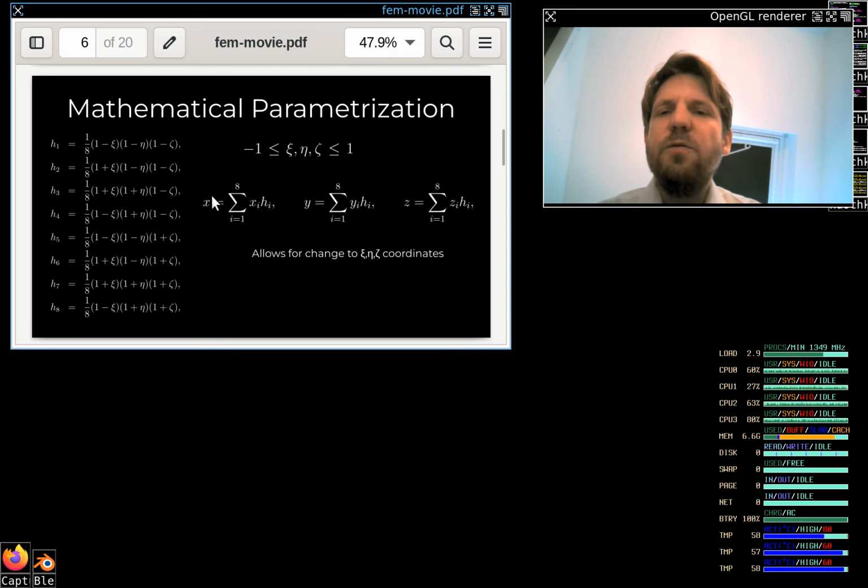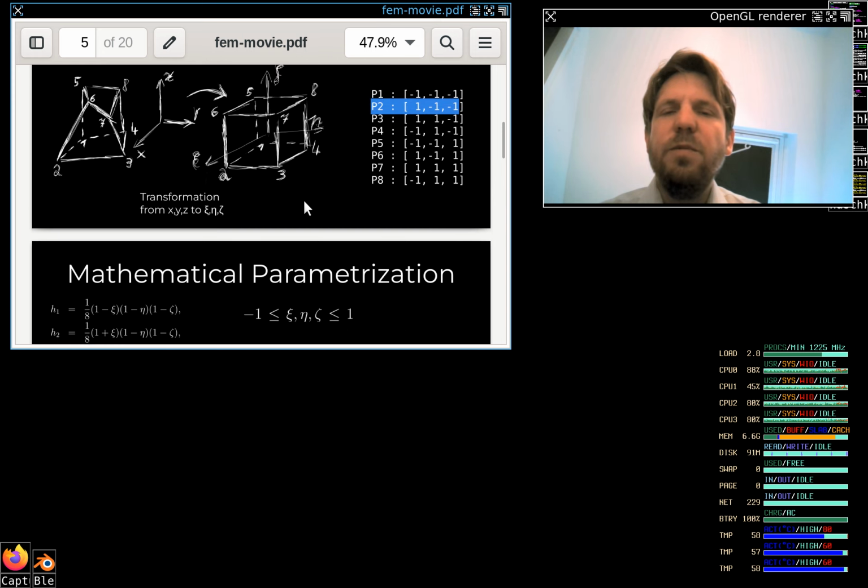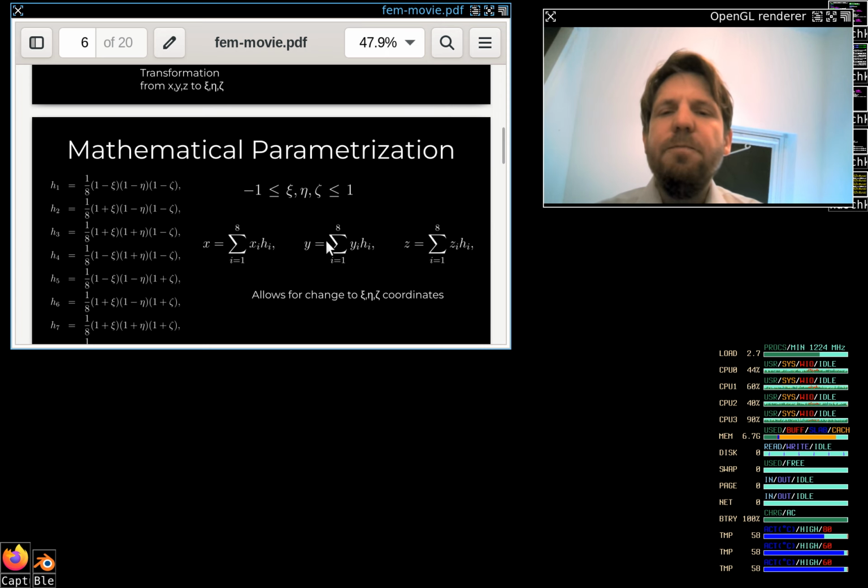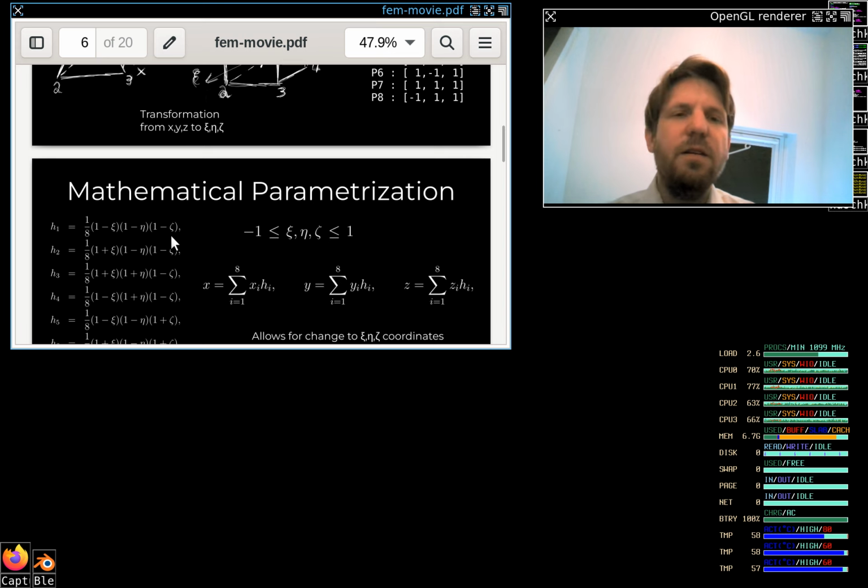So you see that you have to do this for each coordinate 8 times, where xi is basically the point. So this xi will be here the x coordinate of this point here, from 1 to 8. And you do the same thing for y and for z, and then you get basically a relation between x, y, and z, and xi eta zeta, yeah.